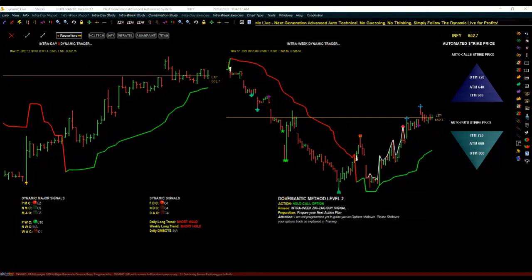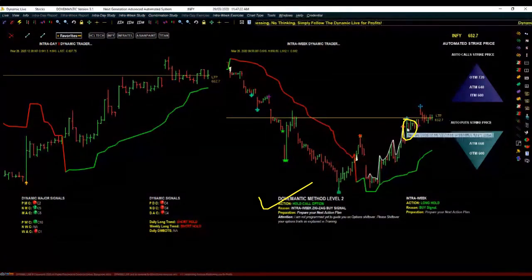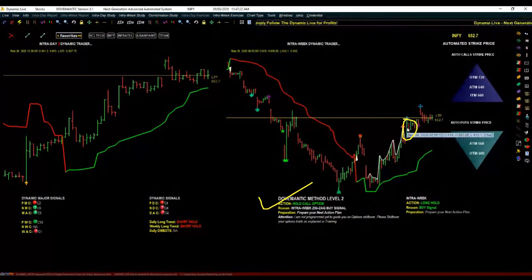Here is a recent trade that happened around this point, when this action information said buy call option now, on 26th March at 9:55. Even if you had traded in futures, once it said buy call option, you could have taken a long position in futures at around 642.